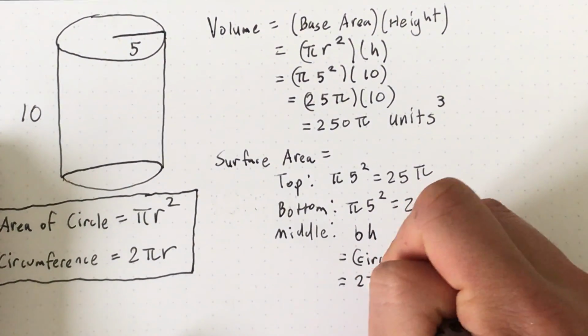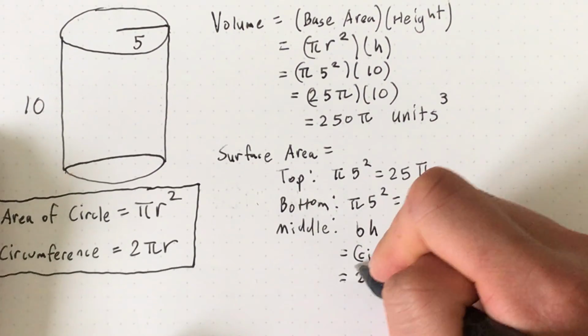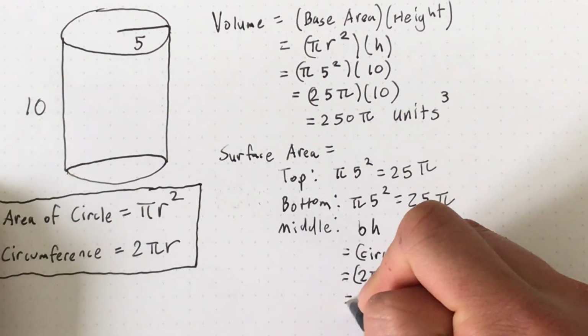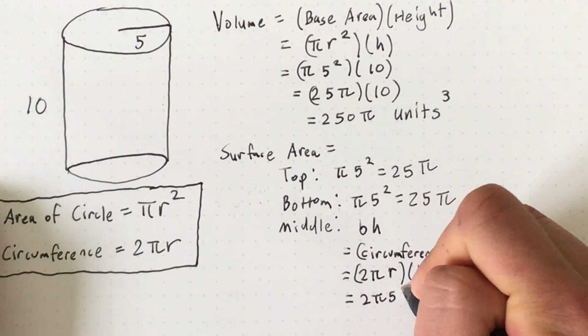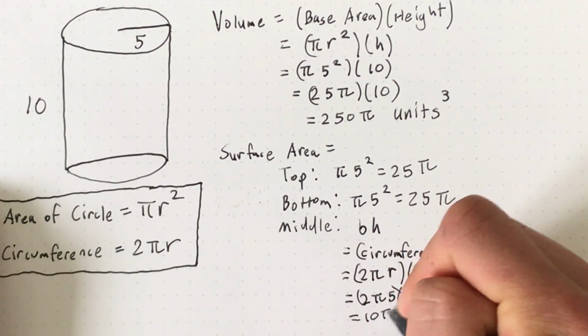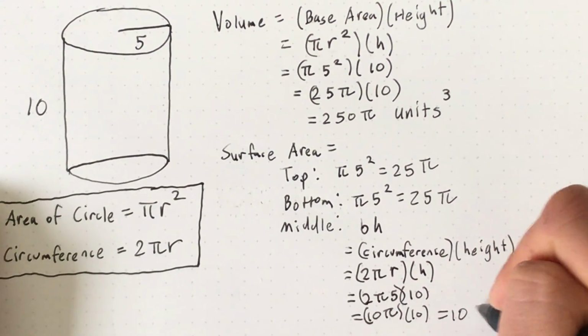Circumference is 2 pi r, according to our formula here, and then times h. R is going to be 5, so it's 2 pi 5 times 10, which is equal to 10 pi times 10, which is 100 pi.